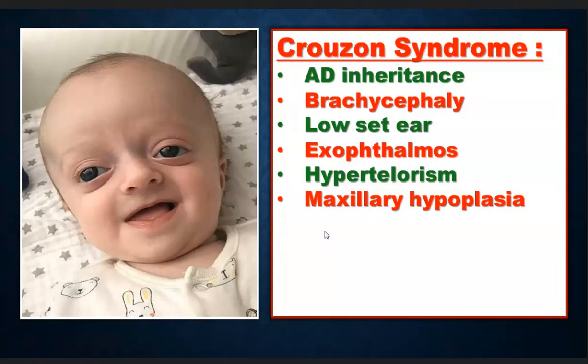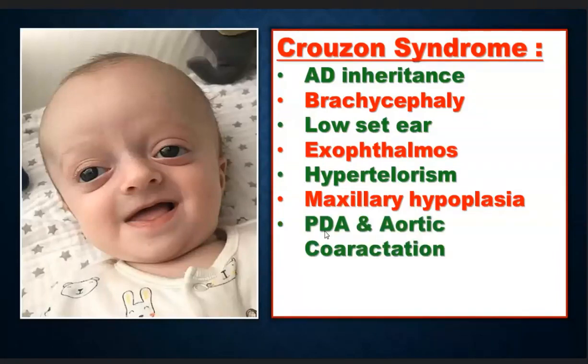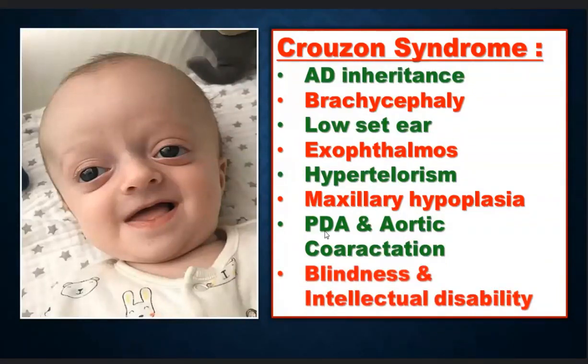Like what happens in Down syndrome, we said they have a flat face. This patient may have heart disease in the form of PDA or coarctation of the aorta, and they have intellectual disabilities and blindness, because the growing brain affects the optic disc or optic nerves, leading to blindness.